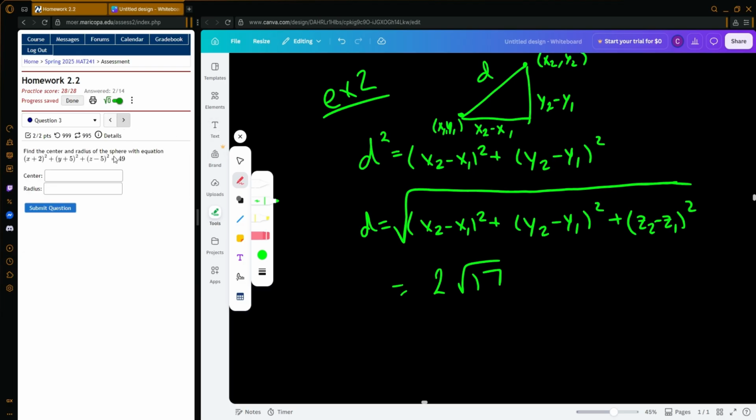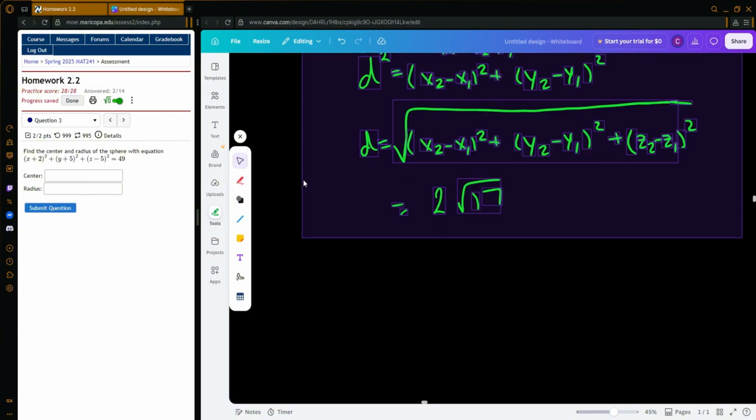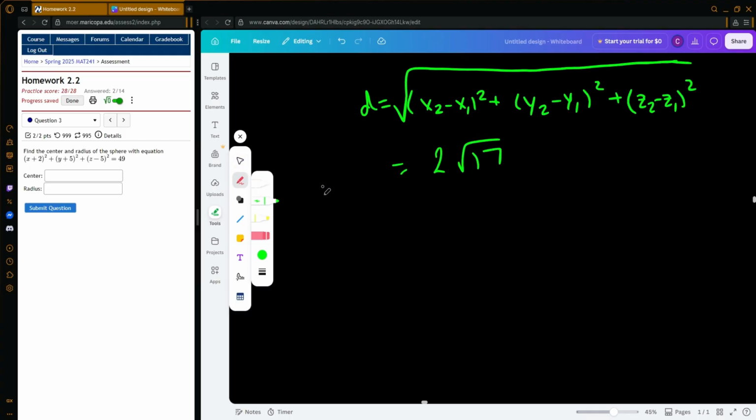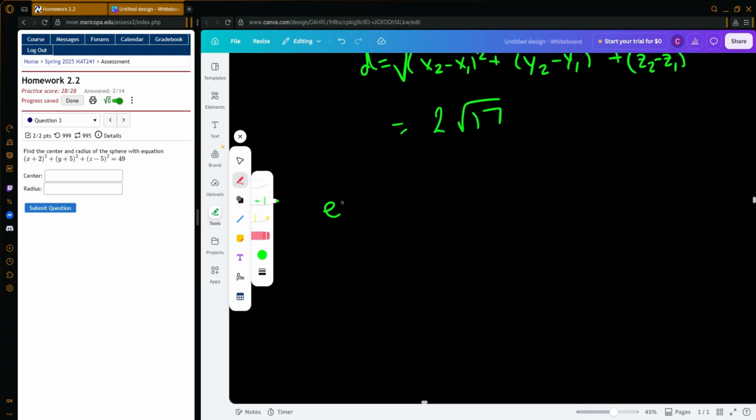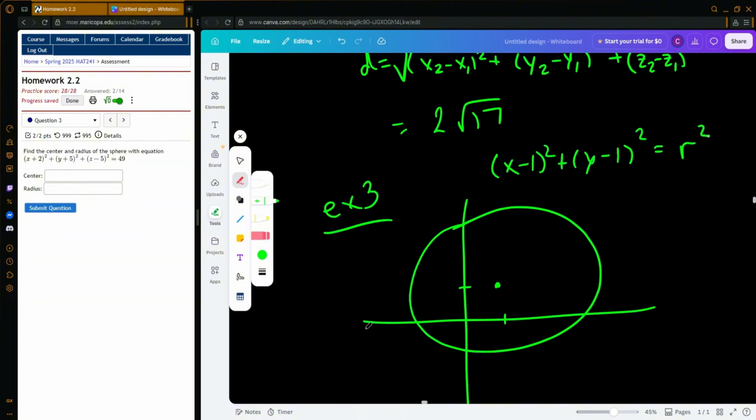Okay, find the center and radius of the sphere with this equation. Okay, this is pretty easy. You just have to think about the 2D version like we did for distance. For a circle, if it's shifted a little bit over here, 1, 1, then the equation would be shifted to the right one, and shifted up one, equals the radius squared.